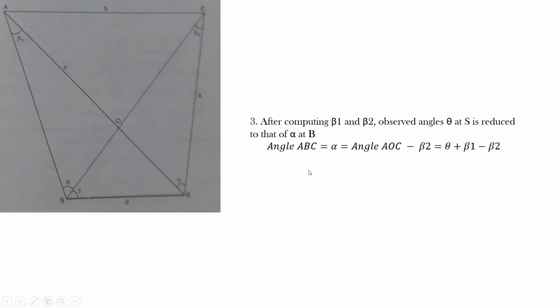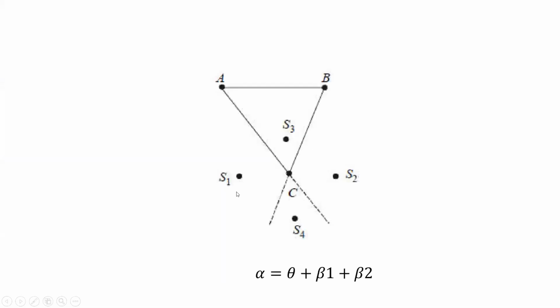It is not necessary to place the satellite station always to the left of the triangulation station. It can be placed anywhere in this 360 degrees. Now, in order to do that, we split it into 4 different cases. Left of station, right of station, north of station, and south of station.